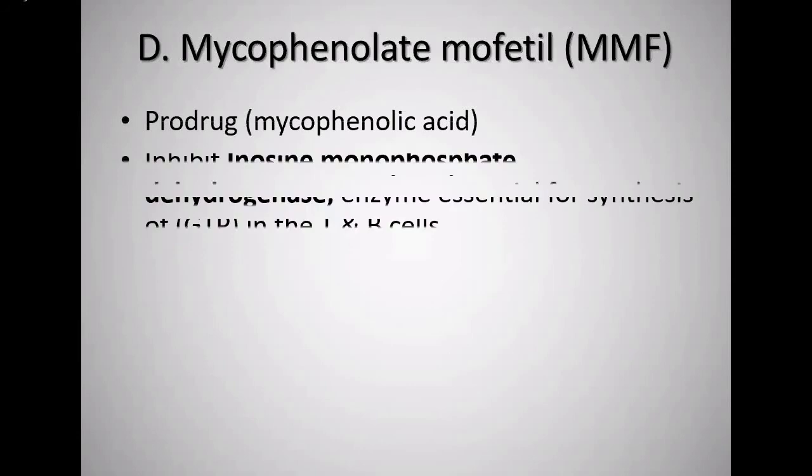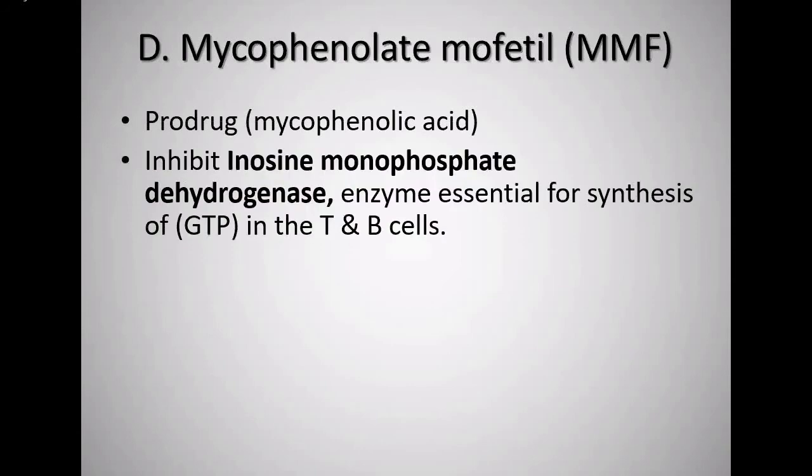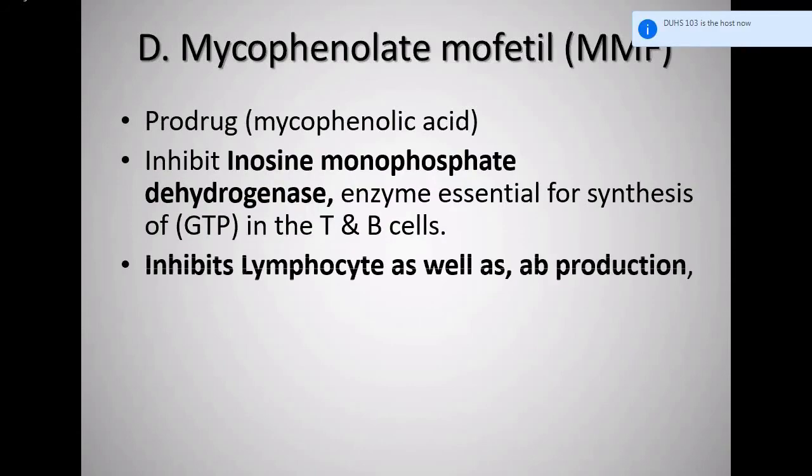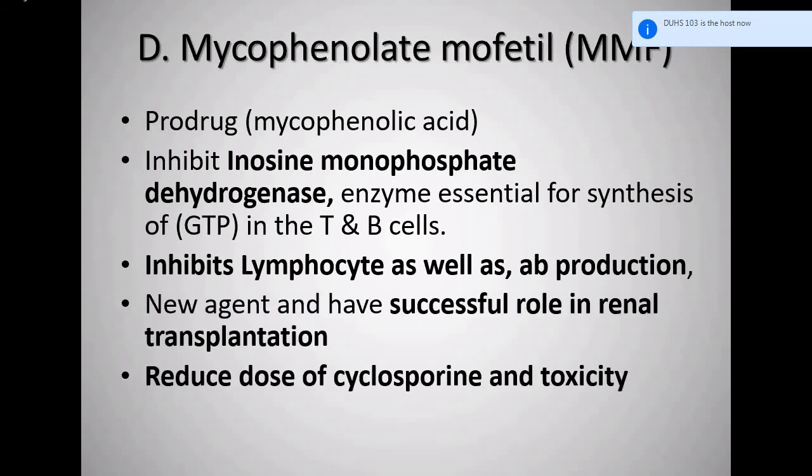Okay, the fourth drug regarding the cytotoxic or anti-proliferative drugs is mycophenolate mofetil. How does it work? It inhibits an enzyme known as inosine monophosphate dehydrogenase, and this enzyme is essential for the synthesis of GTP in the T and B lymphocytes.